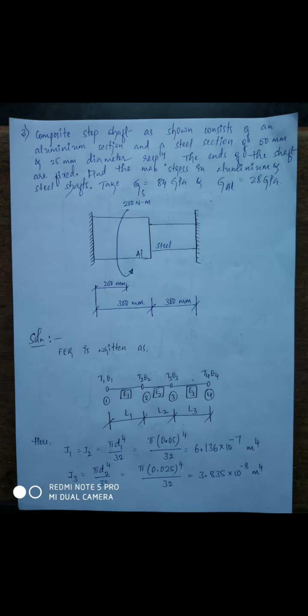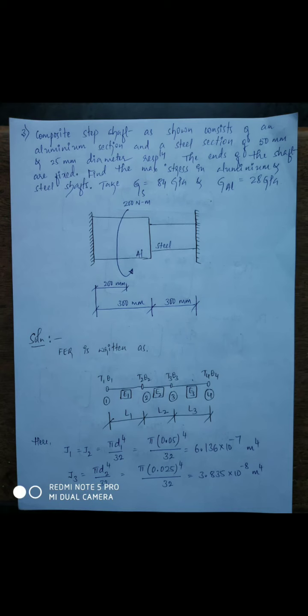This implies that in total, in this particular structural member, there are four nodes: one at the left end, one at a distance of 200 mm, the third at a distance of 300 mm, and the fourth at the right end, at a distance of 600 mm from the left end.